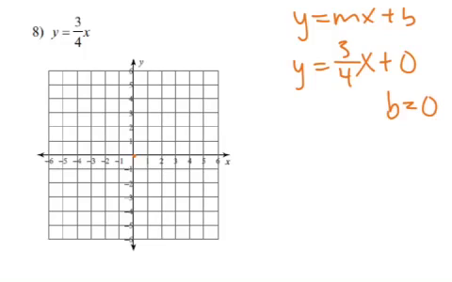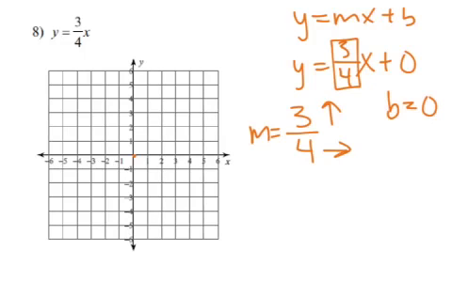Okay. Now my slope is a positive 3/4. So positive and a positive means up and to the right, or if I'm thinking about it backwards, it would be like a negative over a negative, because 2 negatives make a positive, and it'd be down and to the left. Okay? So, positive up 3, 1, 2, 3, to the right 4, 1, 2, 3, 4.